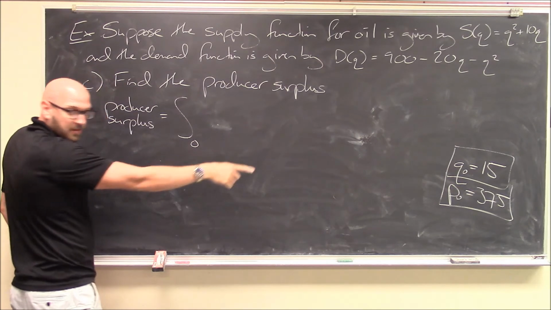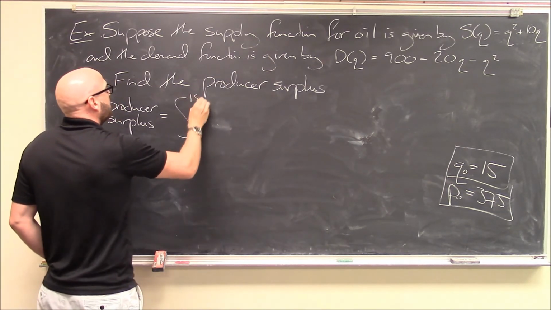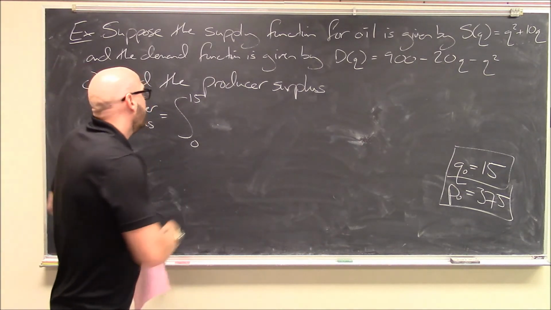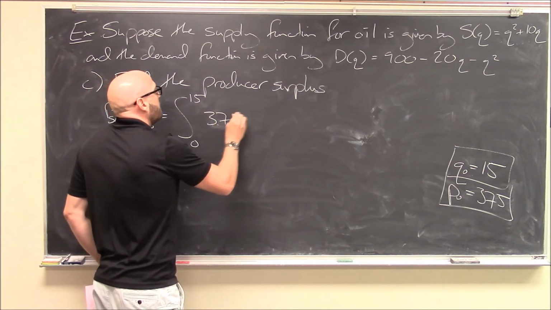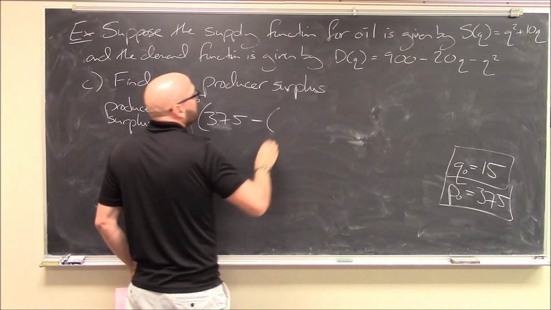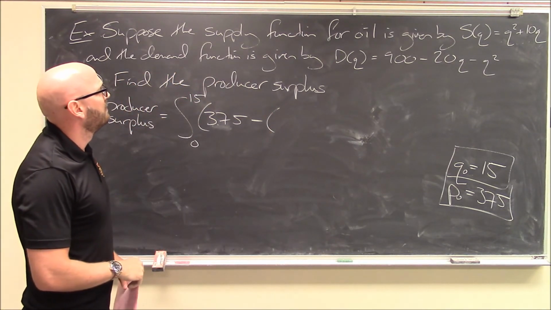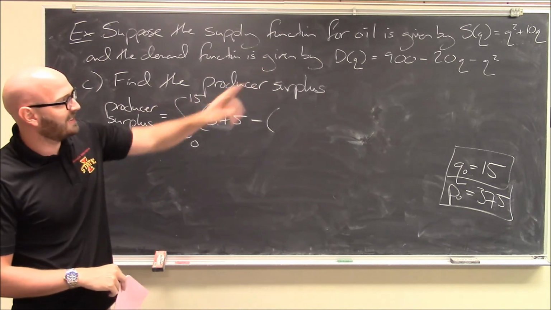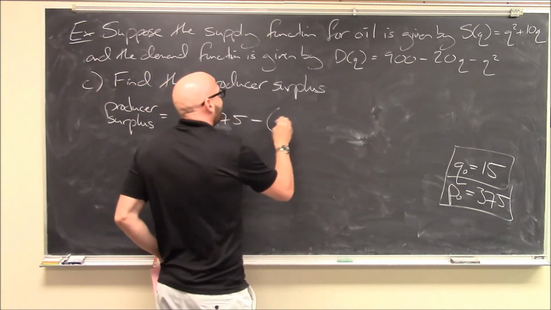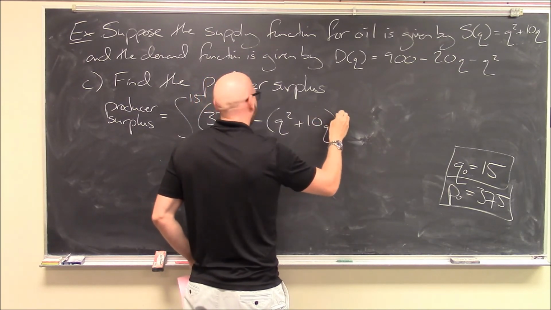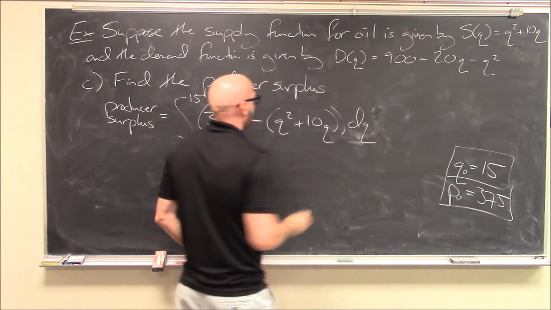It's again the integral from 0 to Q naught, the equilibrium demand, 0 to 15, of what? Of the market price, P naught, 375, minus the demand curve. Wait, no, not minus the demand, minus the supply curve: minus Q squared plus 10Q, dQ.